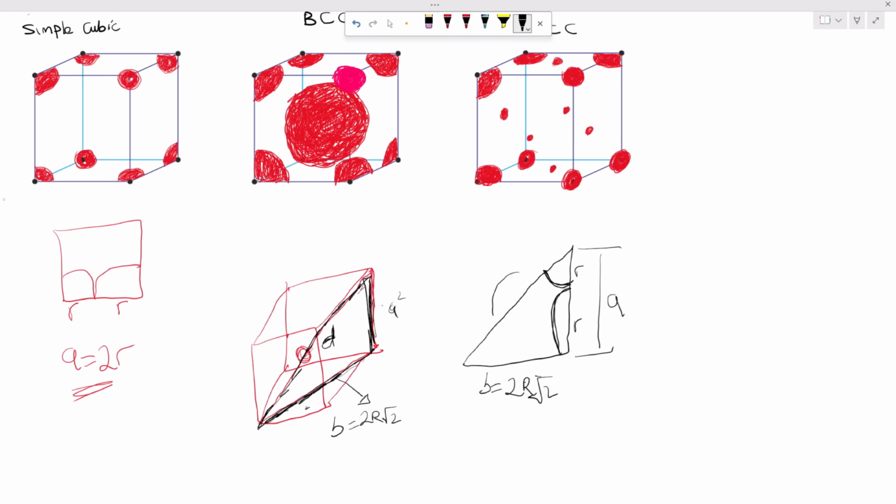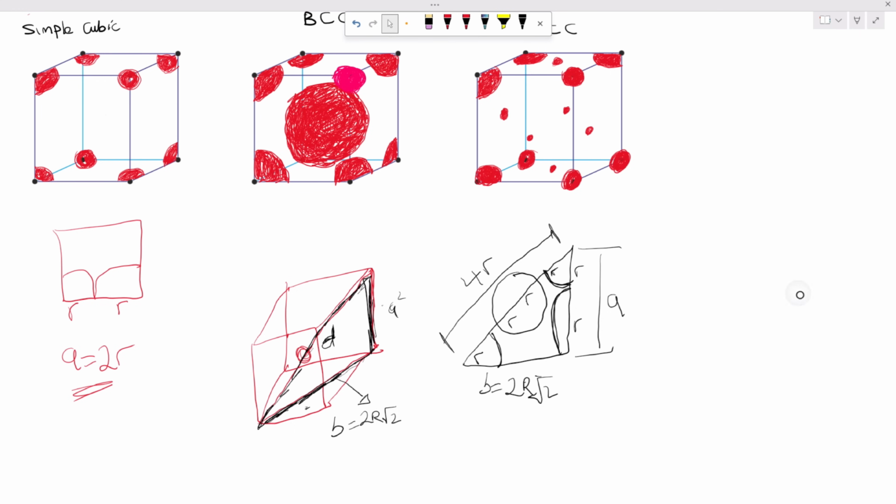Then here we have the central atom, right? So we have double R's. This is also a radius, and here we also have a radius. So for this total length, we have 4R, right? Then B and A. Now we need to find this diagonal, the length.